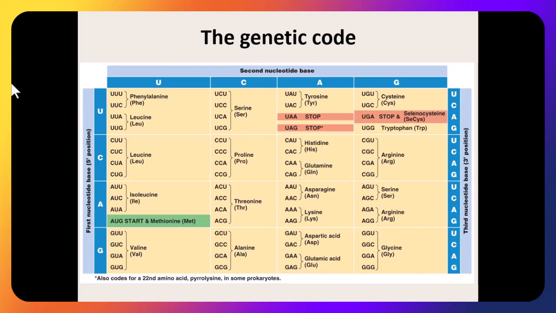And again, first letter is a U, so you know you're going to be in the top row. Second letter is an A. You're now going to be in that 3rd column. What amino acid does UAC code for? TYR. Find GGU. What does GGU code for?